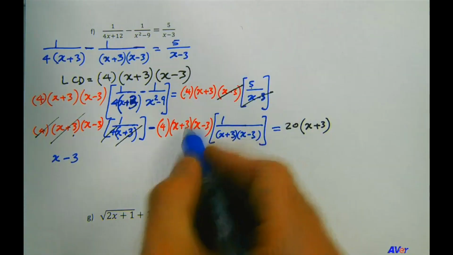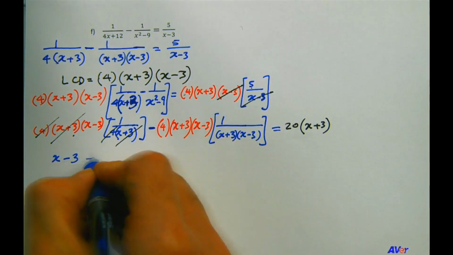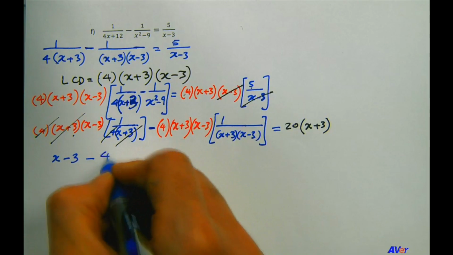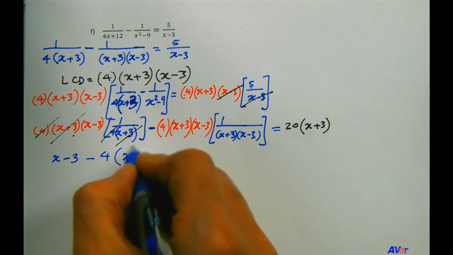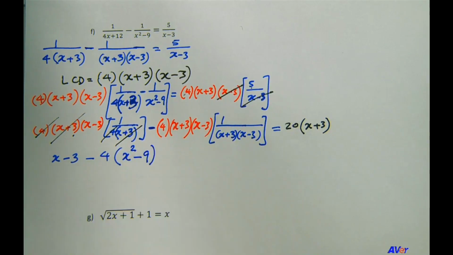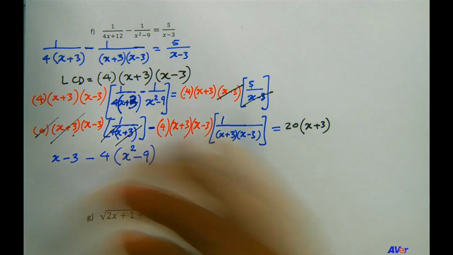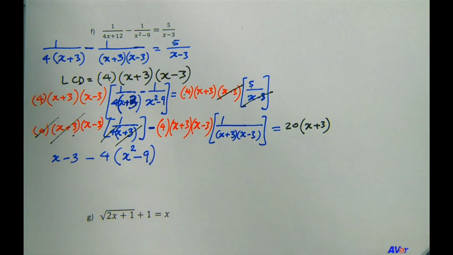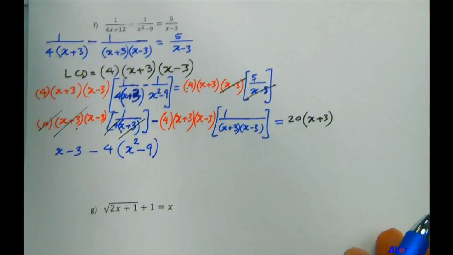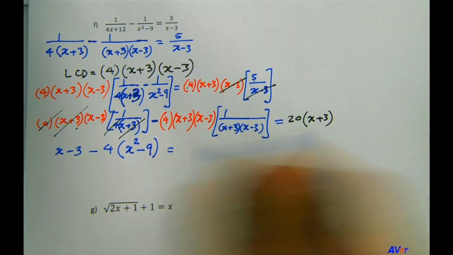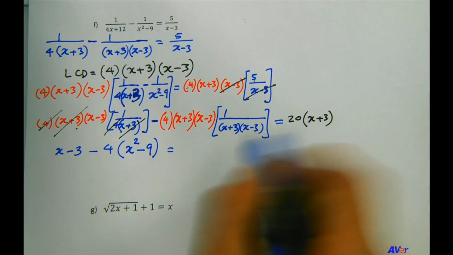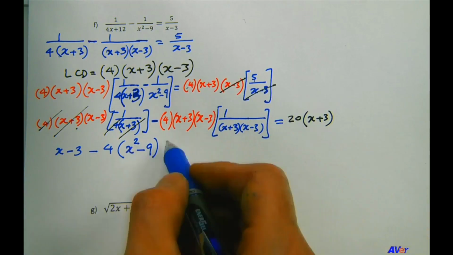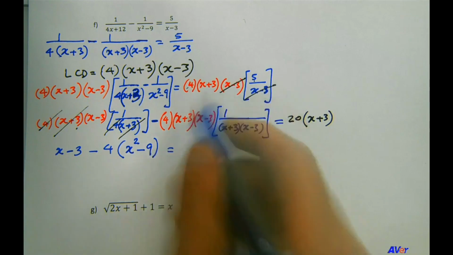In other words, I can write that as minus 4 times x squared minus 9. I can rewrite this in the perfect squared form, a perfect squared minus another perfect squared term. Okay? And on the right, what do we... Oh, sorry, no. No, let me correct this, guys.